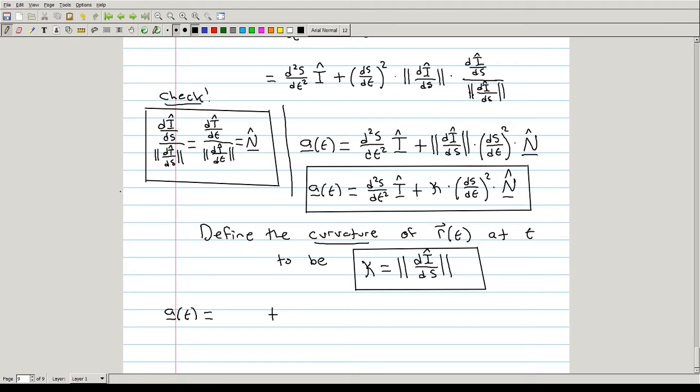One component is the tangential acceleration, call it A_T of t, and the other component is the normal component of acceleration, called A_N of t.